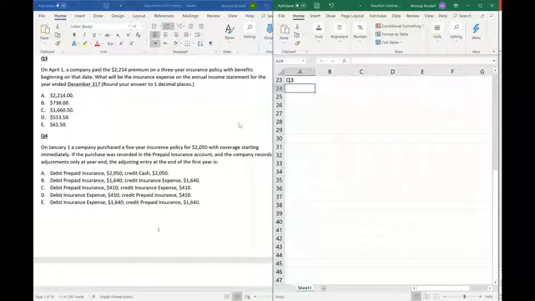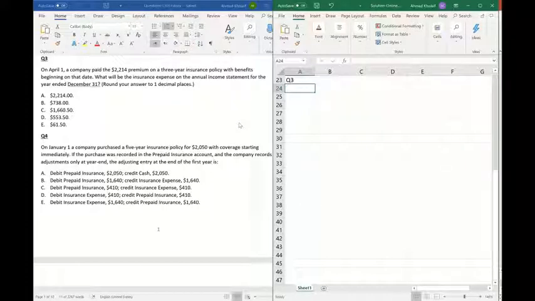In question 3, on April 1st, a company paid a 2,214 premium on a 3-year insurance policy with benefits beginning on that date. What will be the insurance expense on the annual income statement for the year ended December 31st? This means that we need to work out the amount of insurance used in the first year.